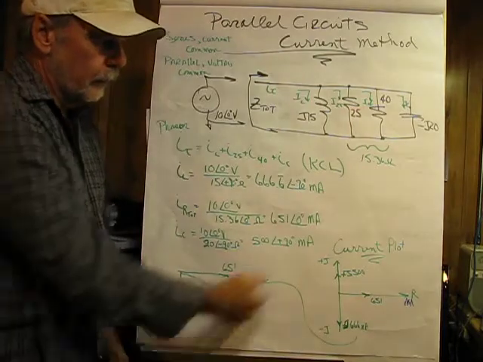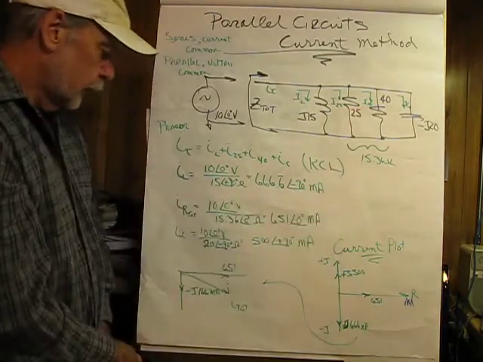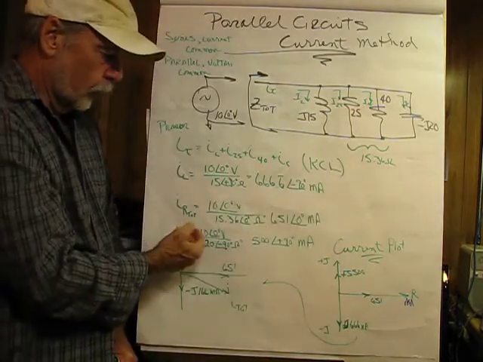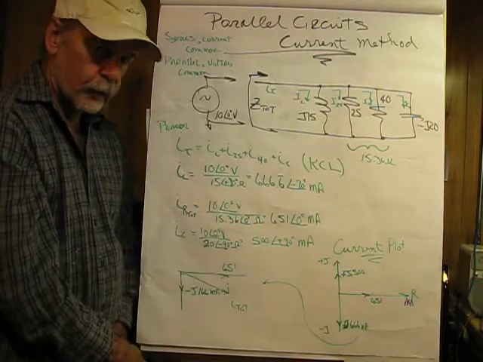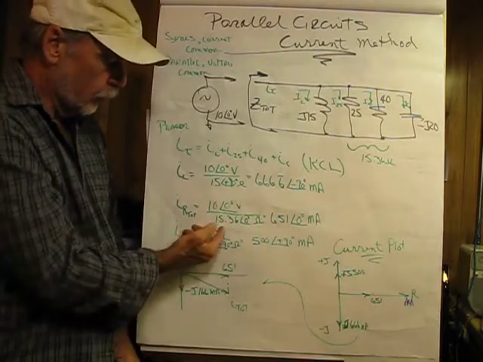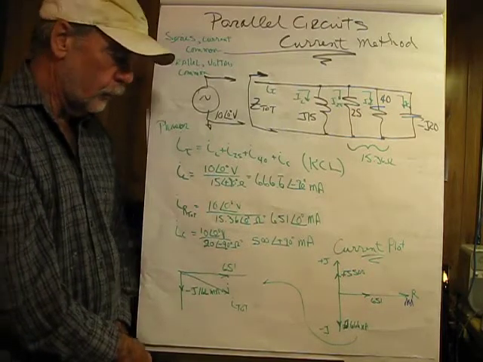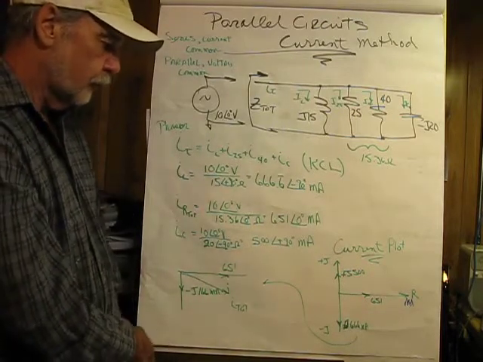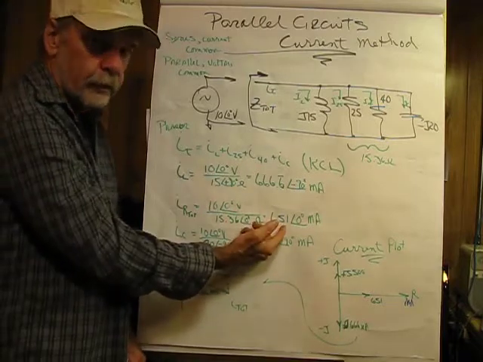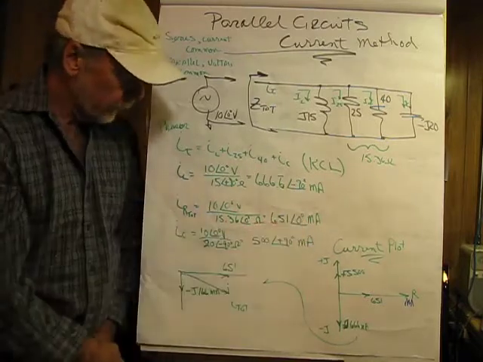So I'm kind of pleased with this number. And to find the resistor total, and I put angles on them just to do it, is 10 at 0 degrees volts divided by 15.36 at 0 degrees ohms, and that comes out to be 651 at 0 degrees milliamperes.